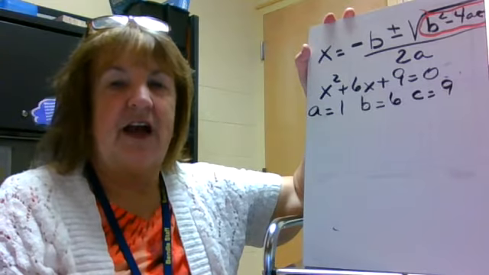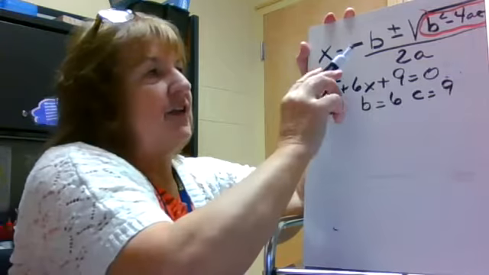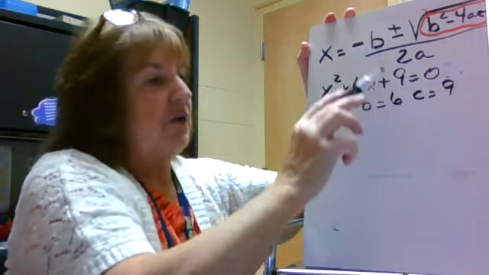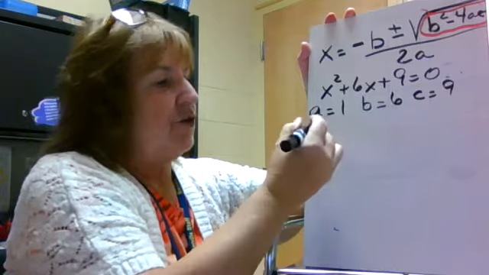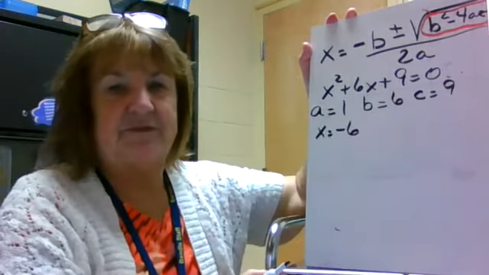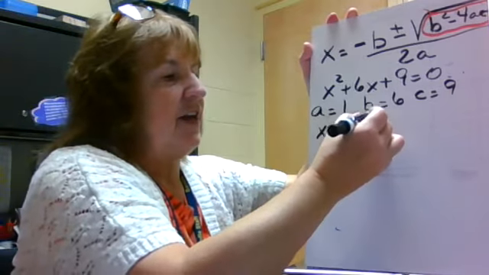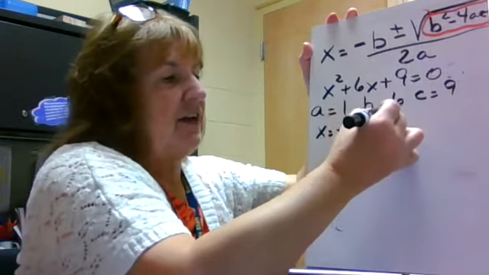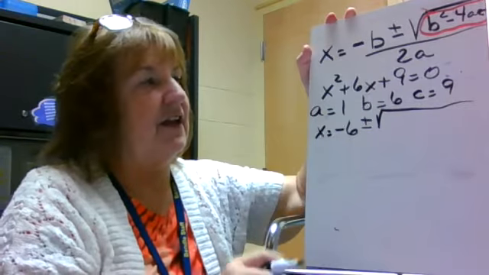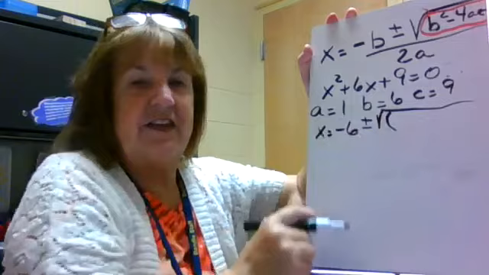Okay, now we're going to plug them in. This tells you to take the opposite of the B number. Well, the B number is 6, so the opposite is negative 6. Plus or minus. Then we have the square root sign. Now this is where we're going to use parentheses. The first thing it does is tell you to take the B number. So make parentheses.